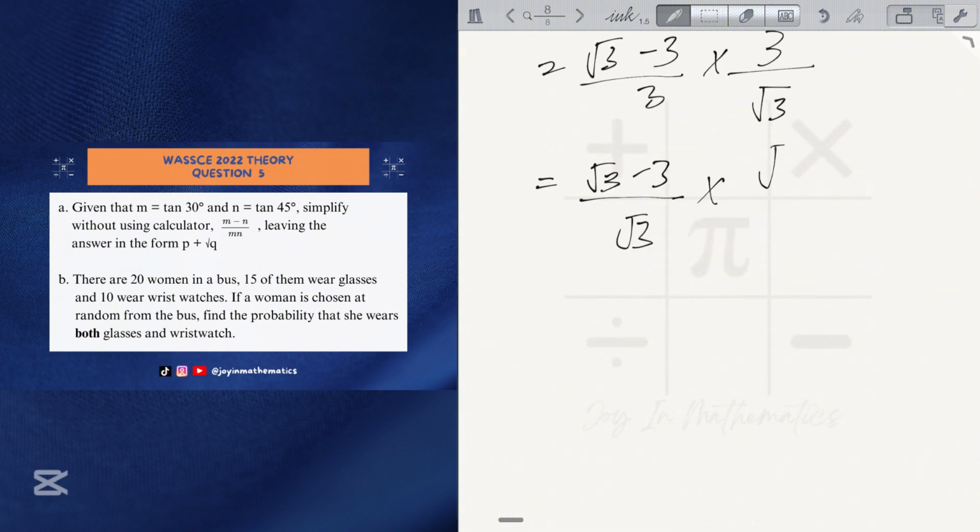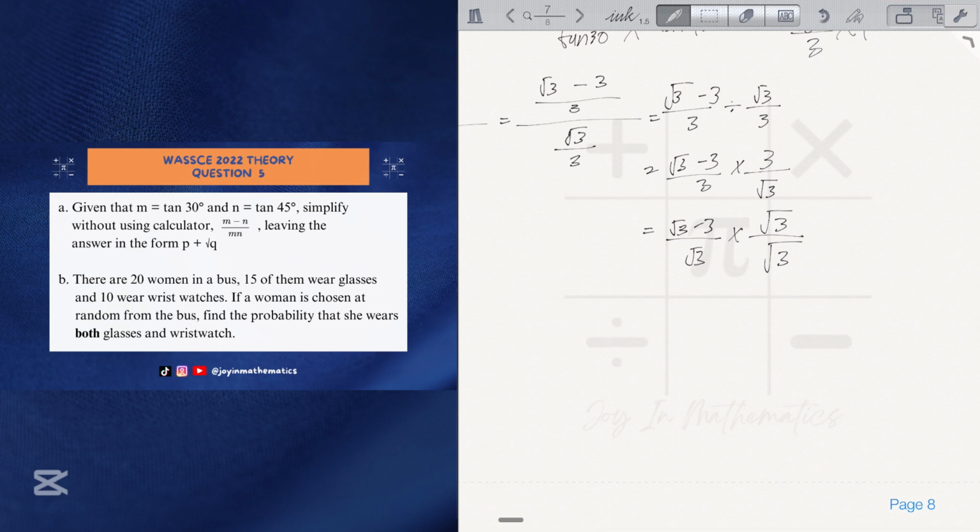So we'll multiply the numerator by root 3 and multiply the denominator also by root 3, so as to eliminate roots at the denominator. So this will give us root 3 multiplied by root 3 minus 3, and we'll have the denominator to give us root 3 times root 3. Now this is where the rule of surds takes place.